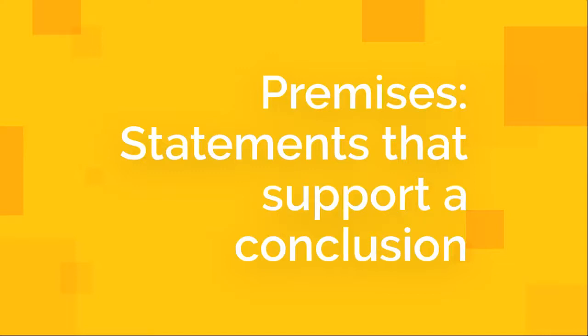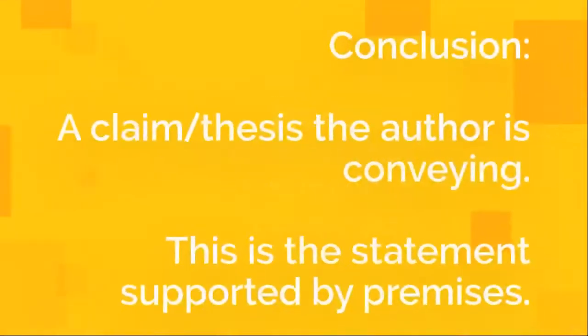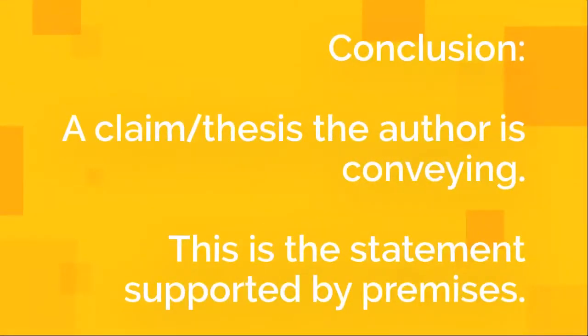So again, your premises are helping you establish your line of reasoning. Okay. And the conclusion, of course, is going to be that particular claim that you're trying to convey. It's the thesis, the claim the author is conveying. And in essence, it's the statement that's supported by the premises.